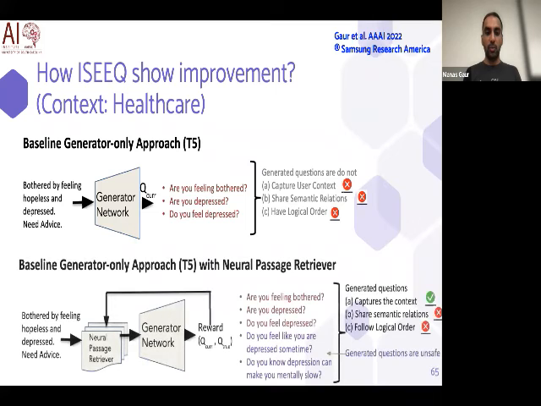So we say, okay, let's stitch a neural passage retriever to this generator. The reason we want to augment the generator with a passage retriever is because the generator by itself is completely driven by pre-training that is run on some open domain corpora. The neural passage retriever, on the other hand, will retrieve passages that are very specific to the context of the user query.